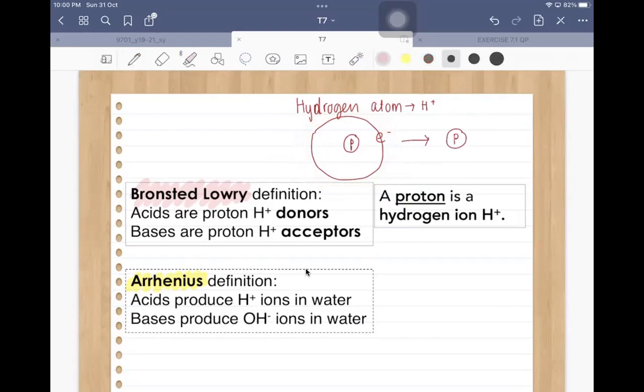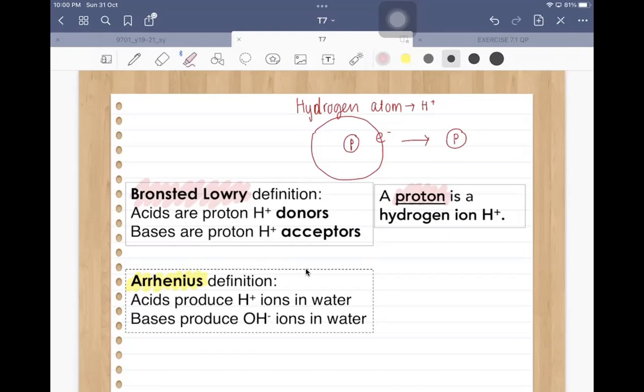That is why hydrogen ion is called a proton. Okay, so H plus is actually a proton, just a proton, because you have lost your electron floating outside and you're just left with proton in your nucleus. There is no neutron in a hydrogen atom.